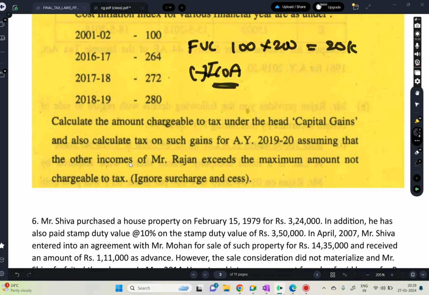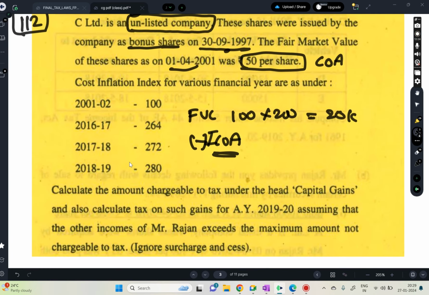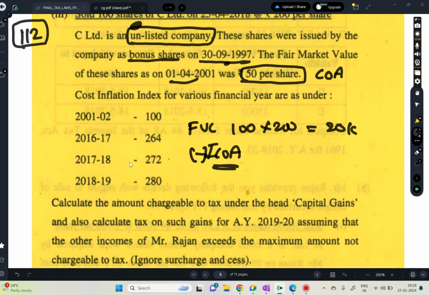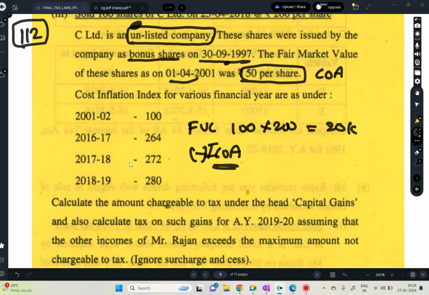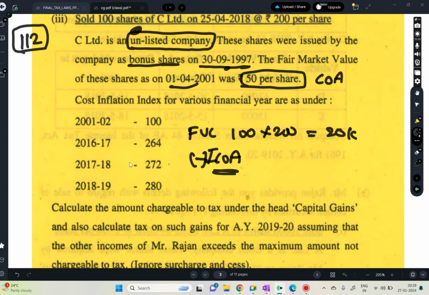Okay, so here something is messing up. You take this as not 280, you take this as 301. This is a little bit old one.